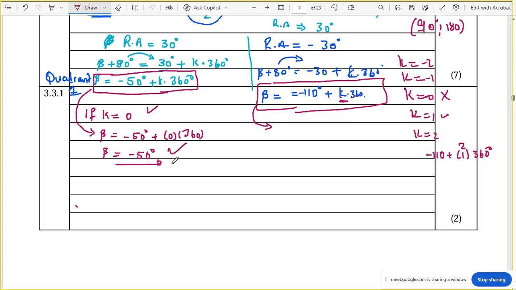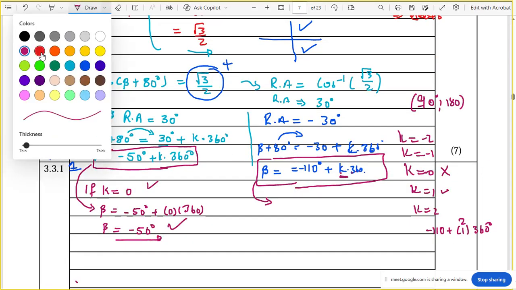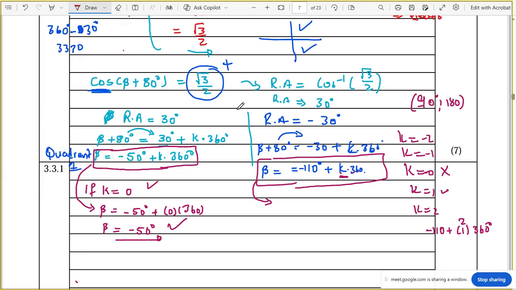You guys understand how this works? Yes, sir. I have a question about the reference angle. In the first case, we used the first quadrant, and then you said in the second case, we can't use the fourth quadrant because it's not going to give us the angle that is required.